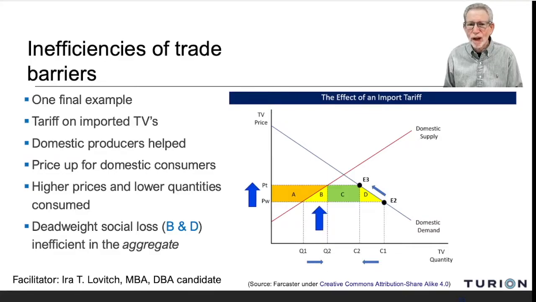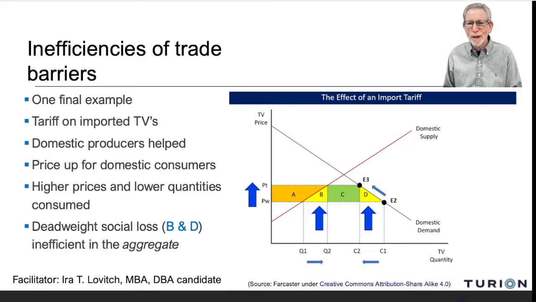Because the price has gone up, there's a deadweight loss, which means in the aggregate it's inefficient because consumers are paying more for TVs and they have less to buy other items in the society. So who is helped? The domestic TV producers. Who is hurt?